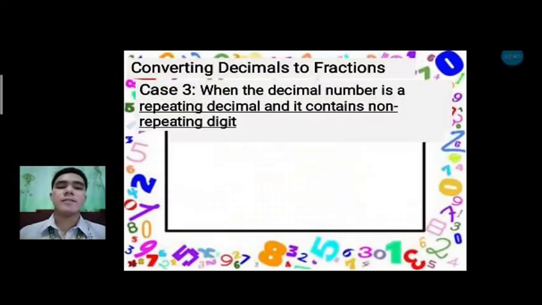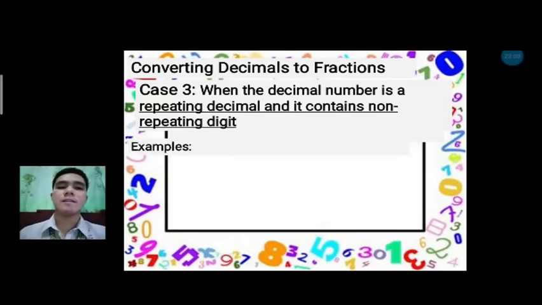Now we have case number 3. When the decimal number is a repeating decimal and it contains a non-repeating digit. So we have repeating decimals, but there is a non-repeating digit.